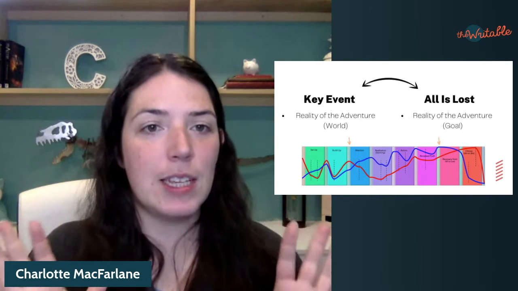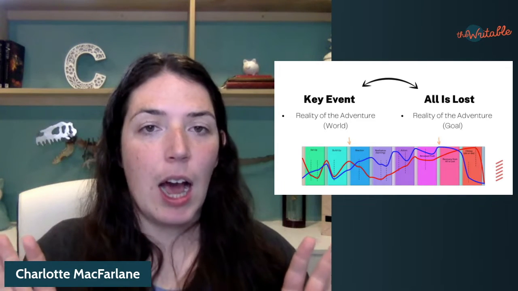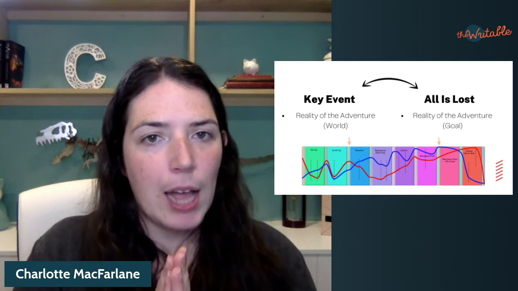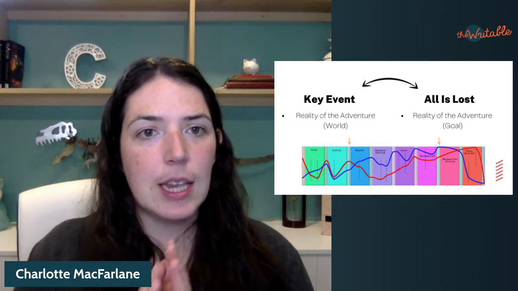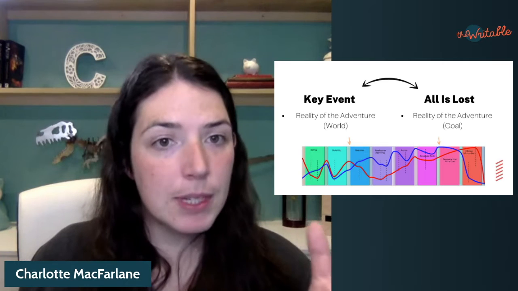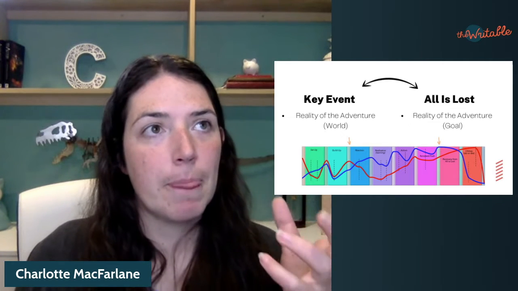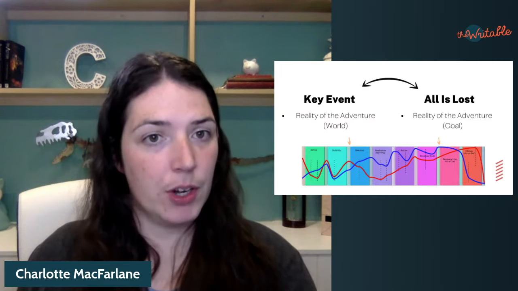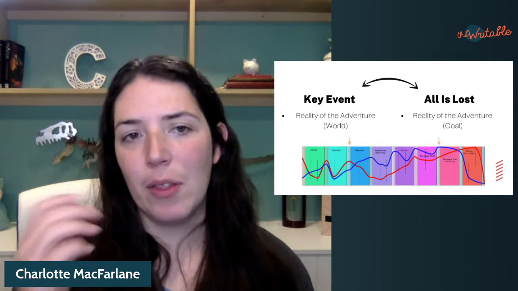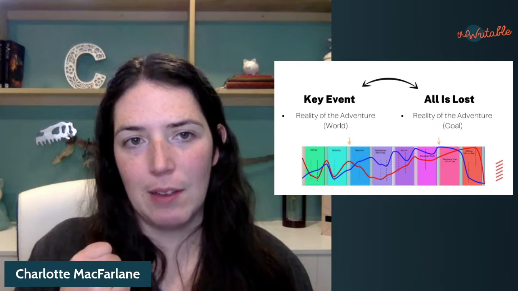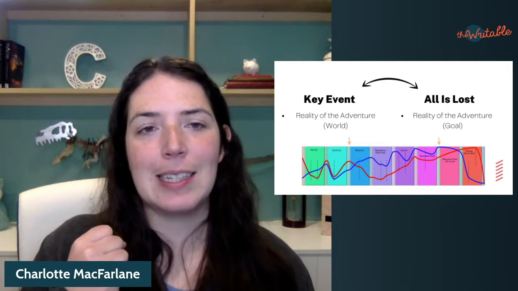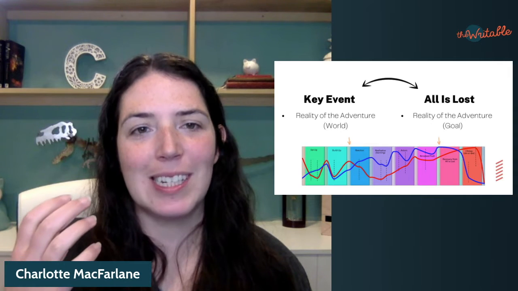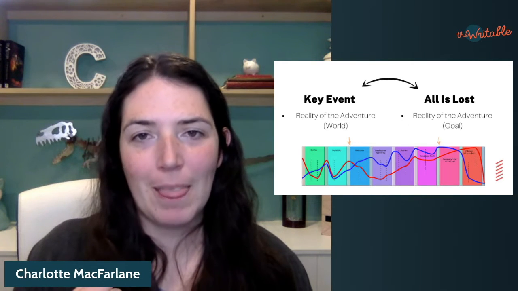In both of these major turning points, I really think the thing we're highlighting is how they're looking outside of themselves and saying, my actions are not having the response on others that I wanted, and how they're looking inside themselves and saying, my actions are not having the response that I wanted on me.